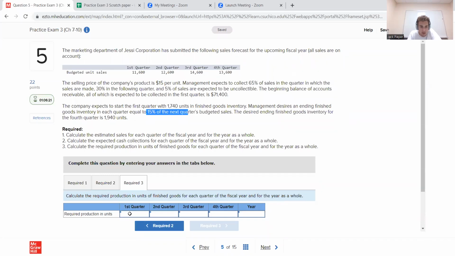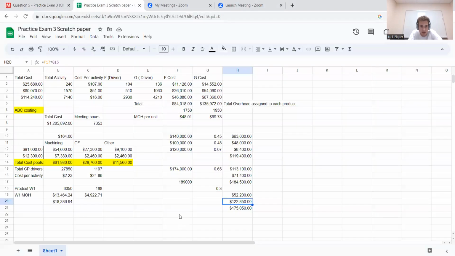no. Okay, so it's 11,600 plus 15% of this, right? So we'll do 12,600 times 0.15.